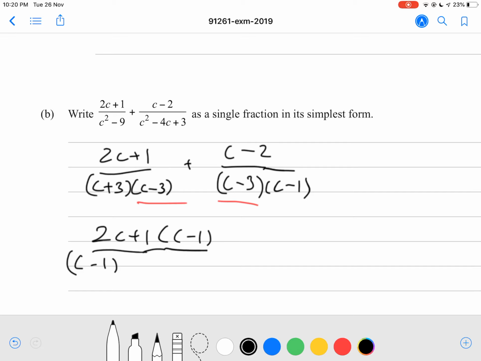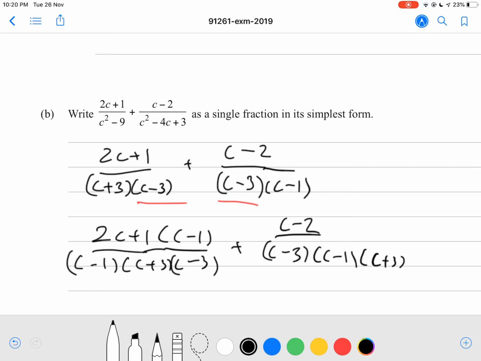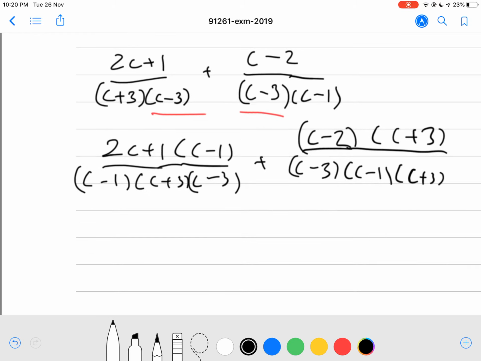So c minus 1 times c plus 3, c minus 3, plus c minus 2 over c minus 3 times c minus 1 times c plus 3. So what we do to the bottom, we must do to the top. So c minus 2 times c plus 3. So now we can simplify.